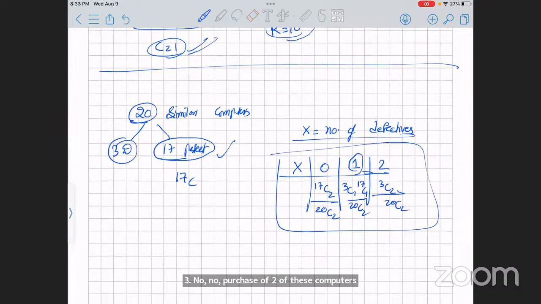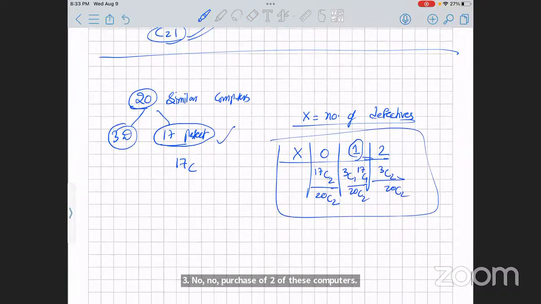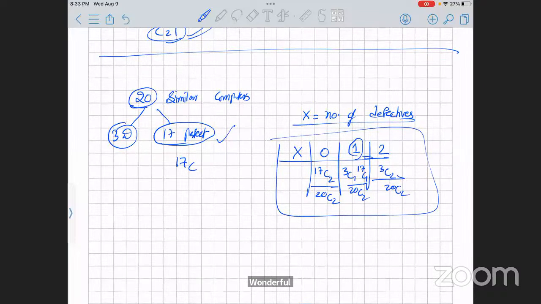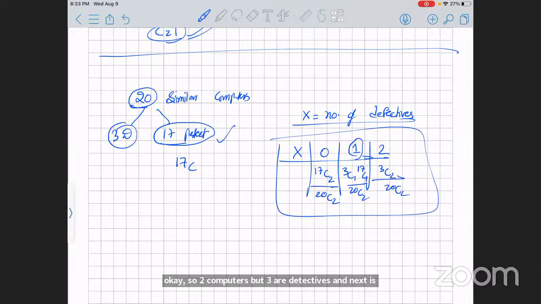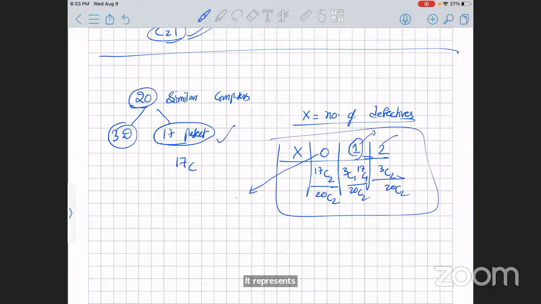Only 2 computers are purchased. X is equal to 0, 1, 2, the number of defective pieces: 0 defective, 1 defective, 2 defective. What about 3 defectives, sir? We only selected 2 computers, so how can you include 3 defective? Both option A and C are the same.